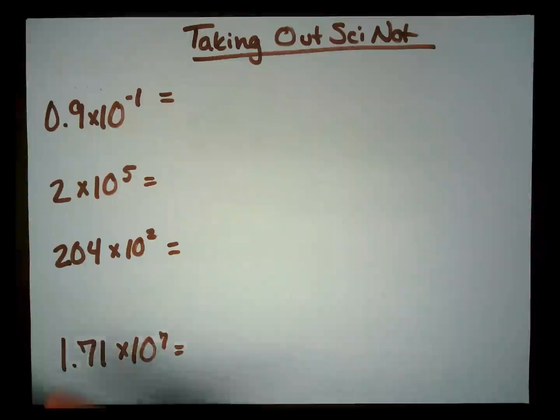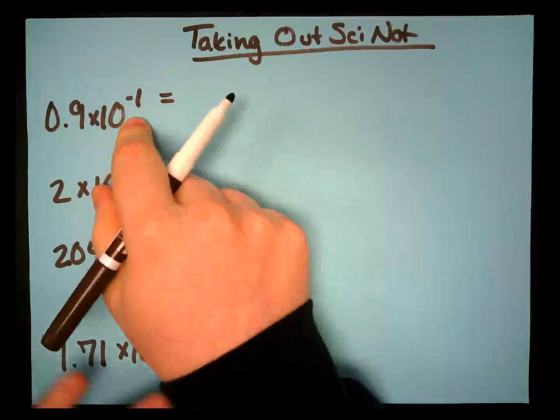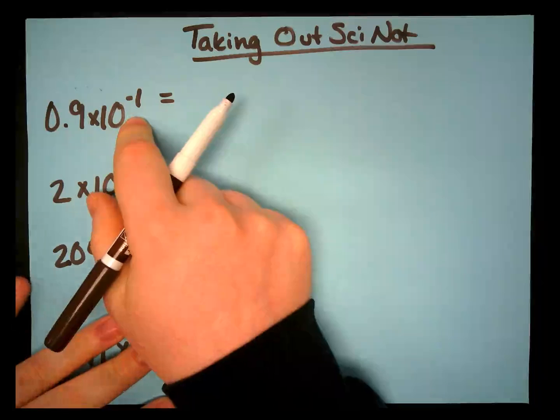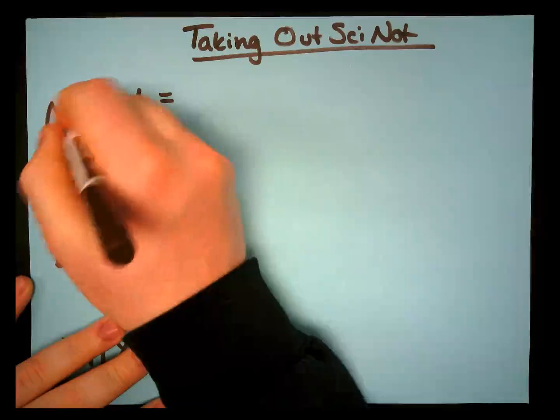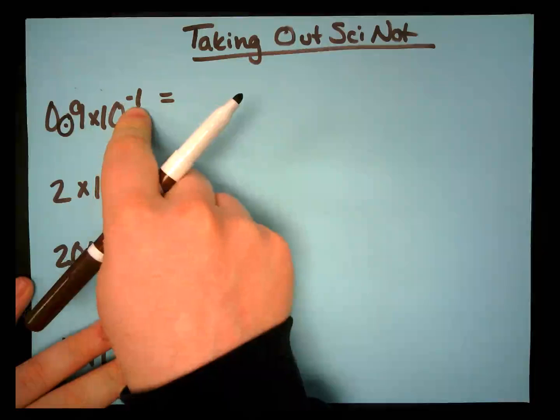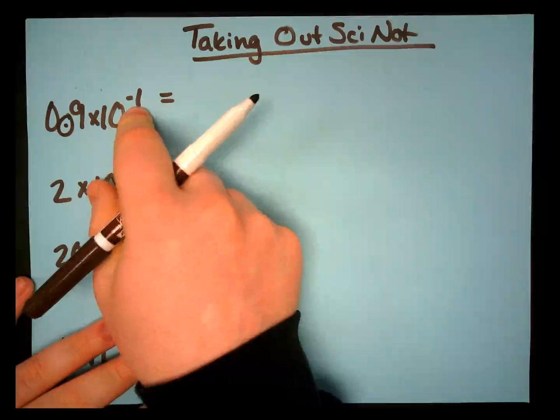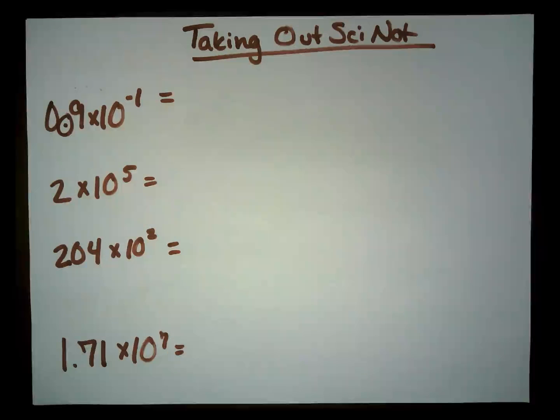Okay, so here we got 0.9 times 10 to the negative 1, or first power. Find that decimal, and because it's a negative 1, when we take it out, we just do the reverse of putting in.